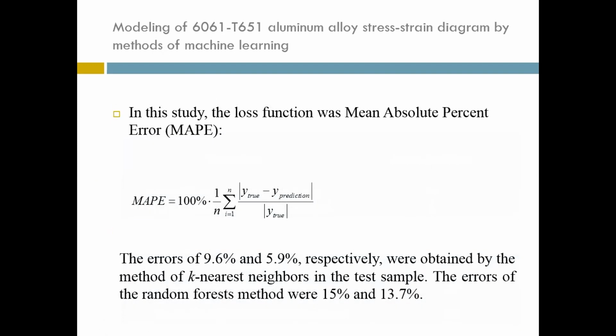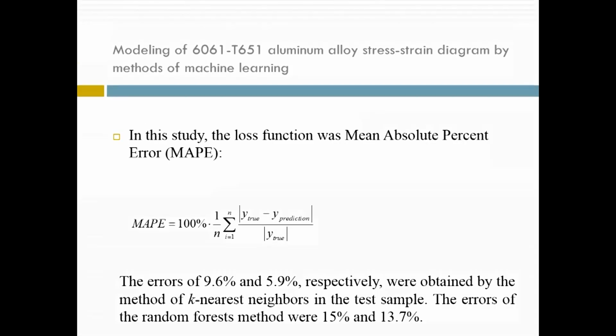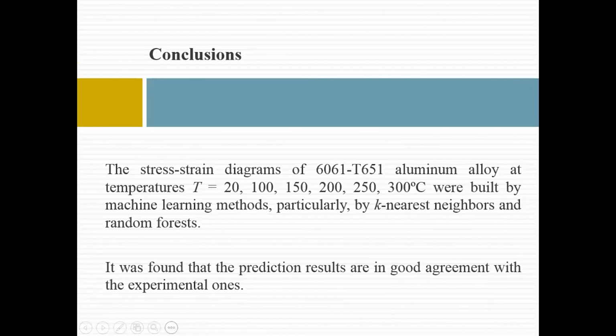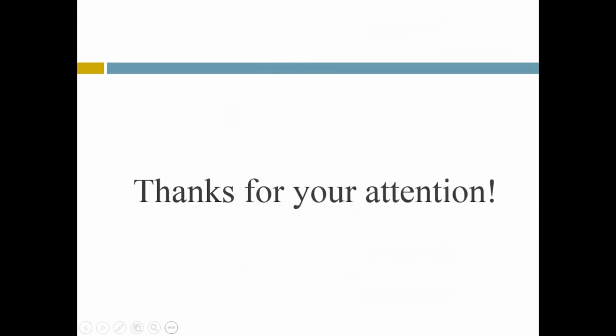In this study, the loss function was mean absolute percent error, and errors of 9.6% and 5.9% respectively were obtained by the K-nearest neighbors method in the test sample. The errors of the random forest method were 15% and 13.7%. It was found that the prediction results are in good agreement with the experimental ones. Thank you very much for your attention.